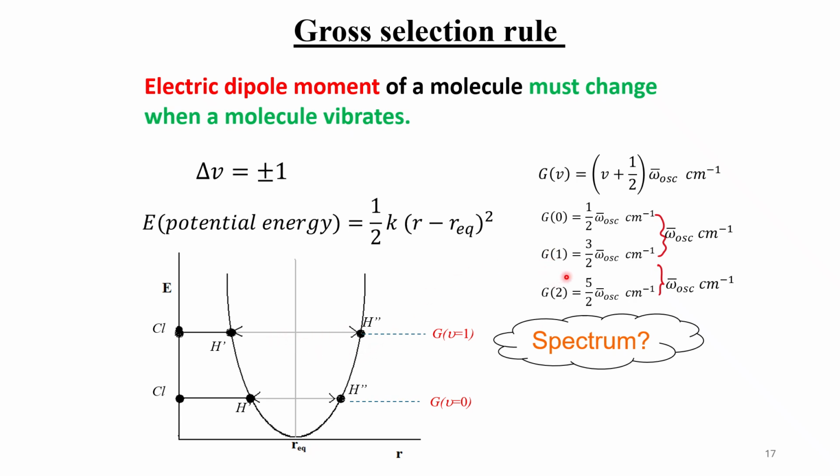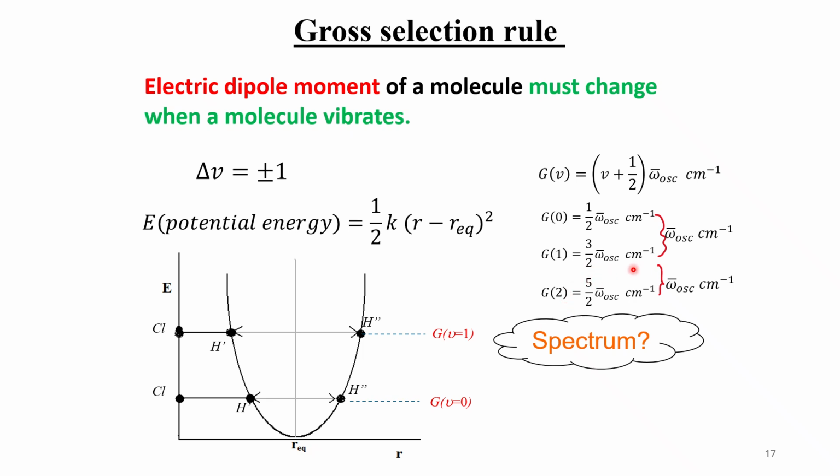Then we substitute v equals 1 into the equation to determine the energy of the first excited vibrational energy level, and we get the value equal to 3 over 2 multiplied by the vibrational frequency. We can do the same for v equals 2, v equals 3, and so on. Okay, so for the transition to occur, the molecule will move from one level to another with the vibrational quantum number increased by 1.